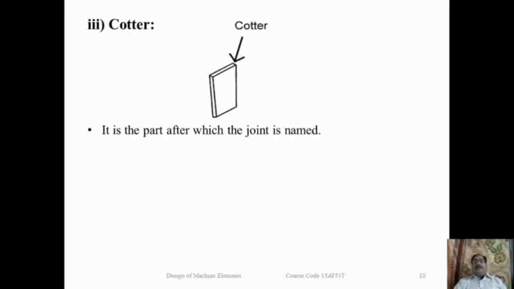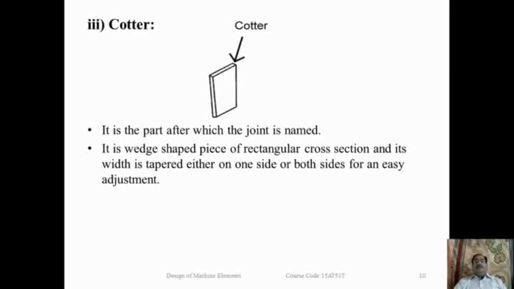That's why it is named socket and spigot cotter joint, because we are using a cotter. It is a wedge-shaped piece of rectangular cross section, and its width is tapered either on one side or both sides for easy adjustment.